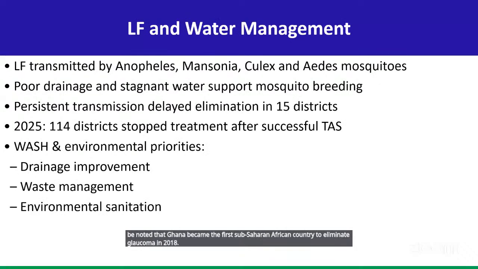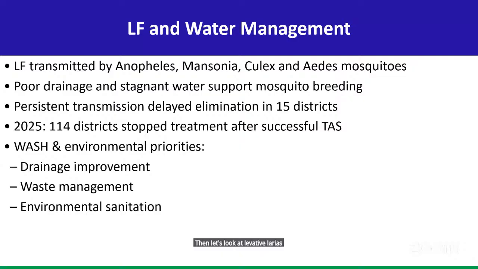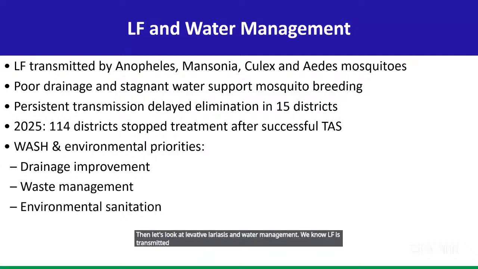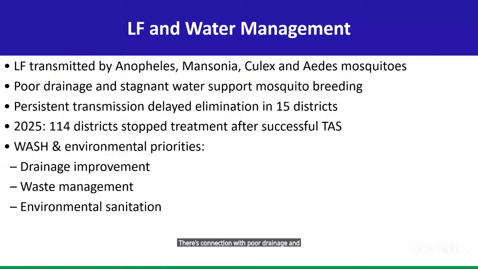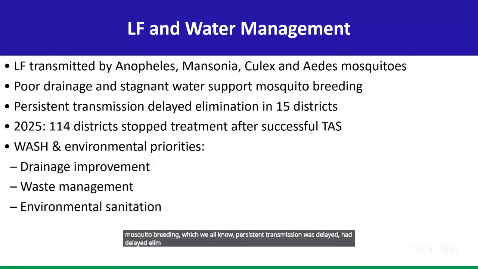Then let's look at lymphatic filariasis and water management. We know LF is transmitted by what? The mosquito, the common mosquito that we know, basically the Anopheles mosquito in Ghana. There is a connection with poor drainage, and stagnant water supports mosquito breeding, which we all know. Persistent transmission had delayed elimination in 15 districts.